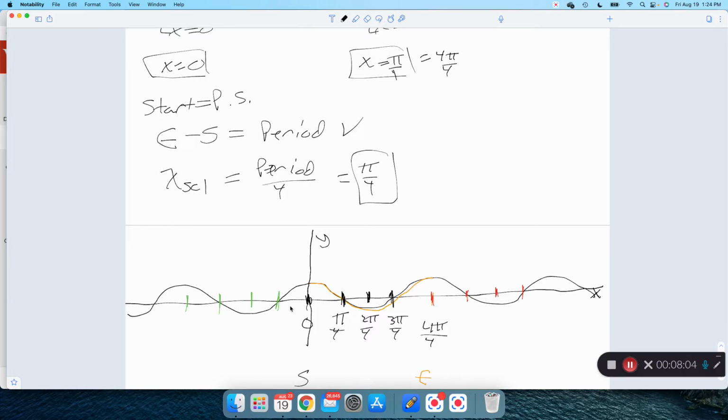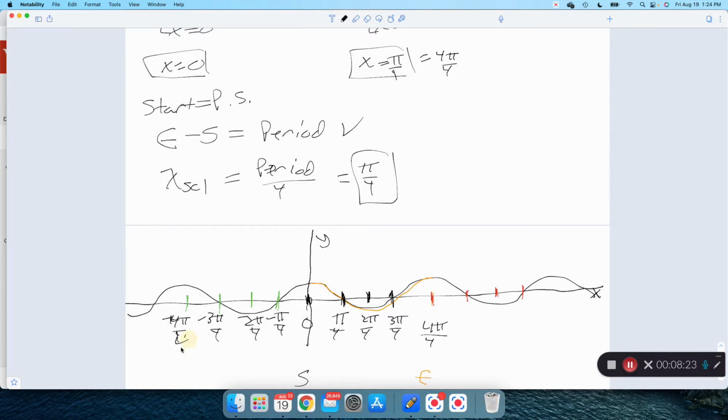Okay, let's go backwards. So I'm at 0, going backwards by fourths: negative 1, negative 2 pi over 4, negative 3 pi over 4, and negative 4 pi over 4.